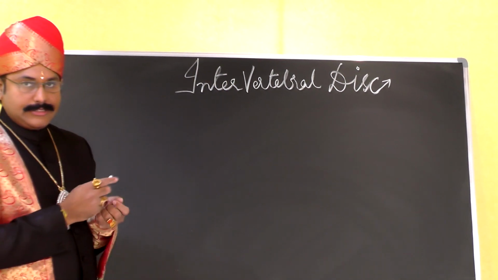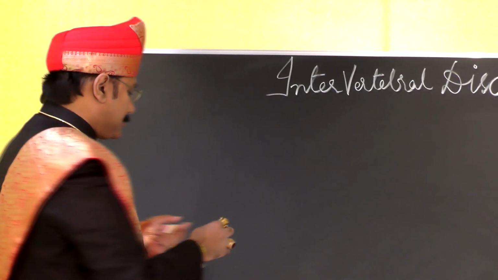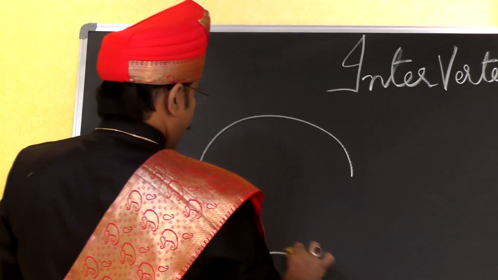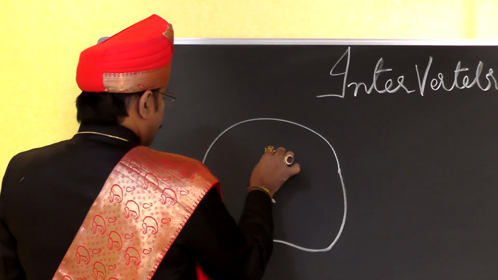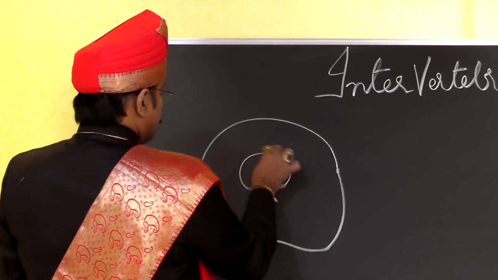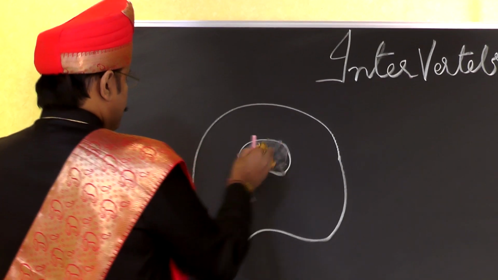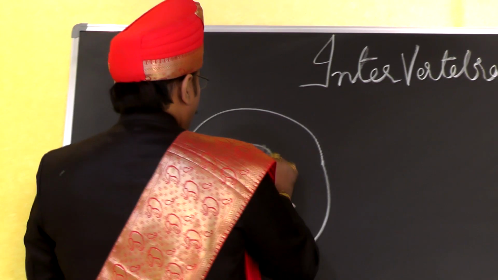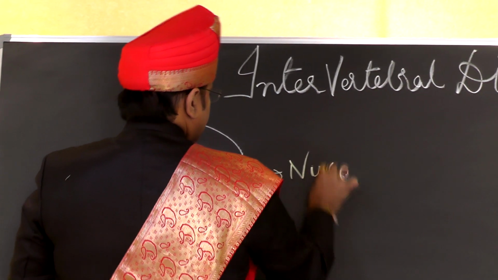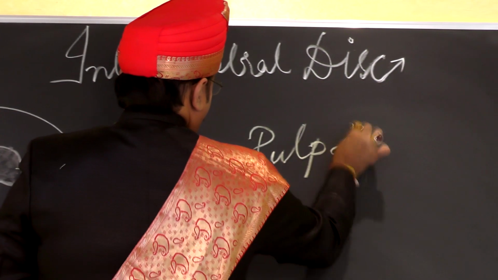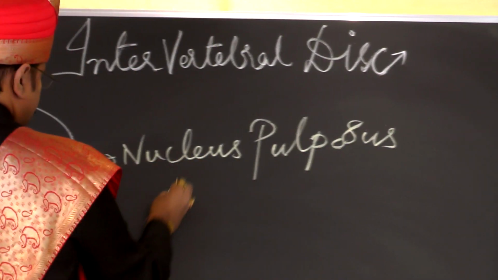Now let us study the structure of the intervertebral disc. In the center of the intervertebral disc, you have the nucleus pulposus, which is a gel-like substance.